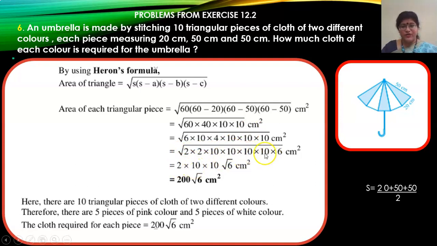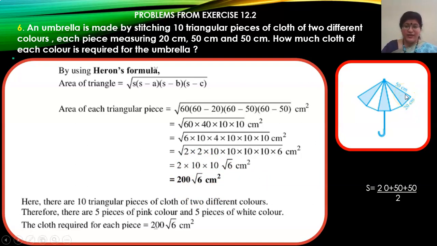Again, you have root 10 into root 10, that is 10, because it becomes root 100 and the square root of 100 is 10. And this root 6 is written as it is. So what you get here is 200 root 6 centimeters square. That means 200 root 6 centimeters square is the area of only one triangle.